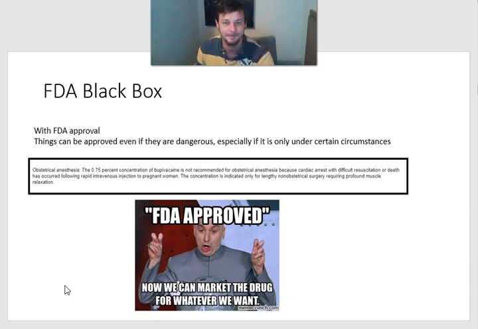This is a bad idea. I know it sounds much more mysterious than it actually is, but yeah, just a black box where it is dangerous to use this drug. Like bupivacaine. Don't give it to pregnant people or any obstetric surgery.